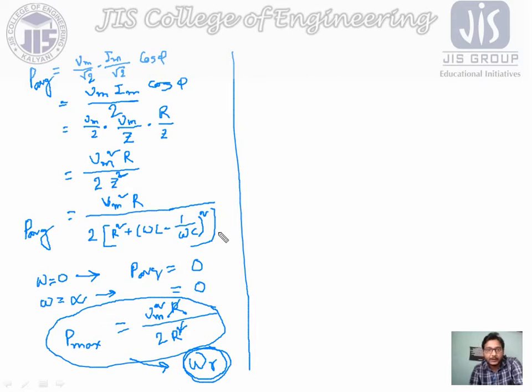Now when the circuit draws the half power, we can say half power means the maximum power drawn by the circuit divided by 2, that is P max by 2.